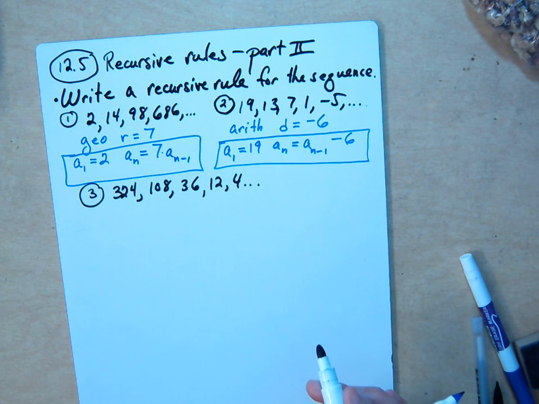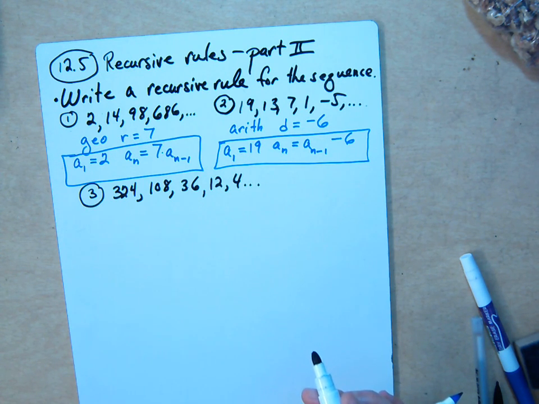So 324, 108, 36, 12, and 4. What is happening? What is the pattern? And then what's the recursive rule for that? And then we'll do 2 that are neither arithmetic or geometric, and we have to work a little bit harder. But this one is one or the other.